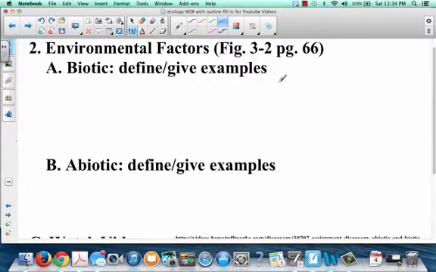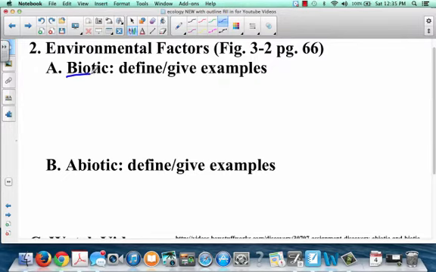All right, the second part of page 4 is environmental factors. If you have your textbook, open to page 66. You're going to see an amazing diagram that goes over these two words, biotic and abiotic. So in an ecosystem, there are two things that determine what type of species can live in that environment. And you know, bio is the study of living things.